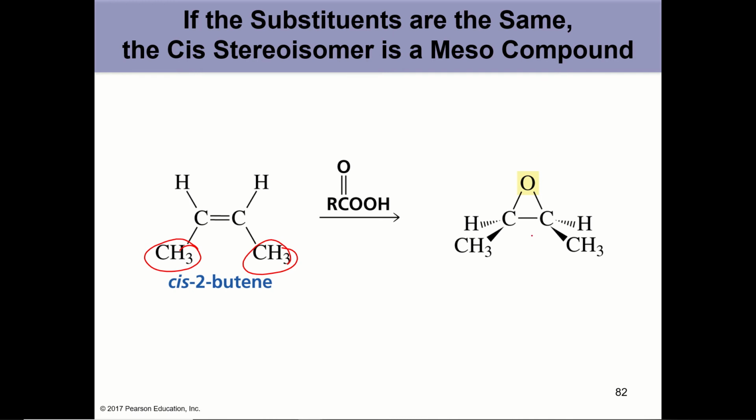So we have two stereocenters, but there is an internal mirror plane of symmetry. And that means that it has a superimposable mirror image, and that it does not have an enantiomer.